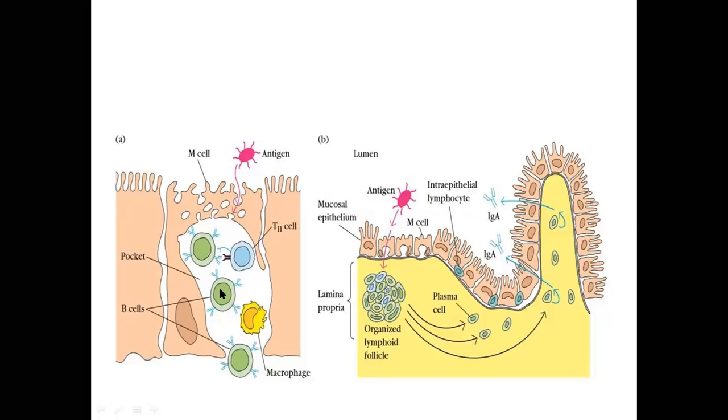Okay, then the B cell started multiplying. This is the macrophage which is present over here, and then the B cell will ultimately form antibodies, plasma cells and antibodies. So this is what is happening here.